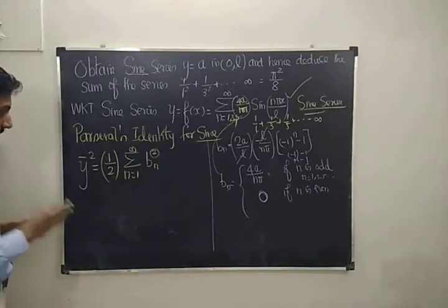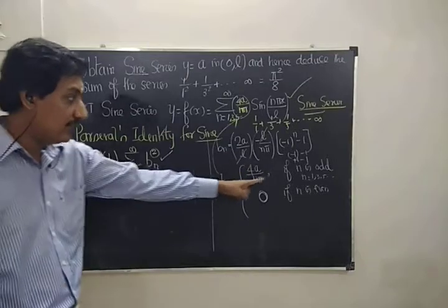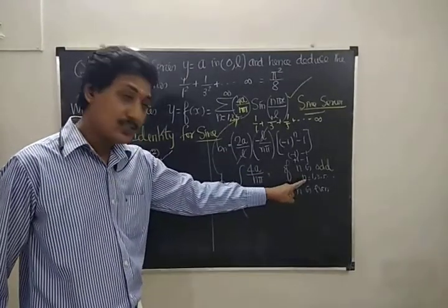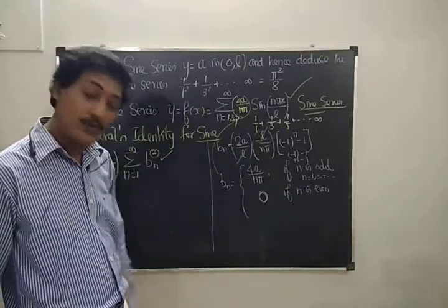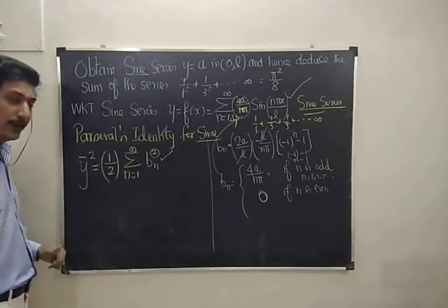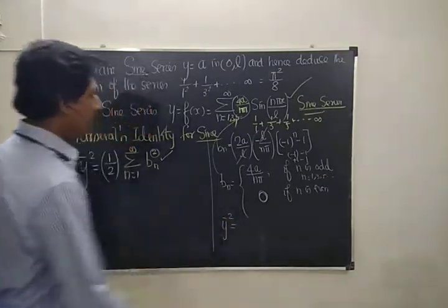Now what will be the bn? Already we know the bn: 4a by n pi if n is odd. See the beauty? If n is odd, that's the requirement: 1 square, 3 square, 5 square. That is the actual requirement. Now what about the y bar square? What's given?